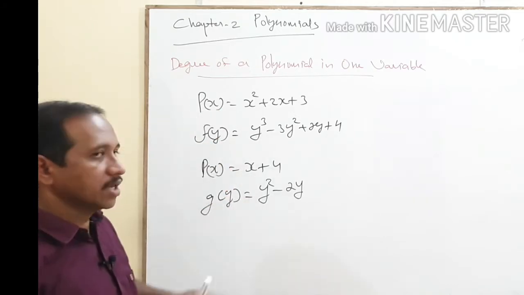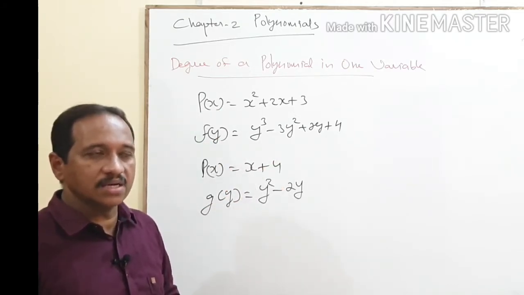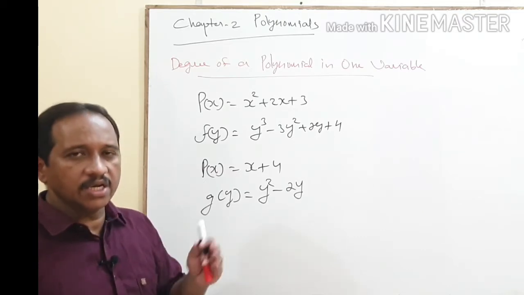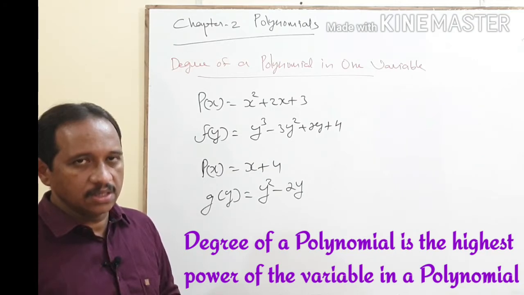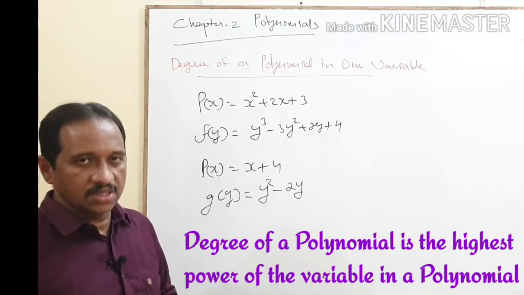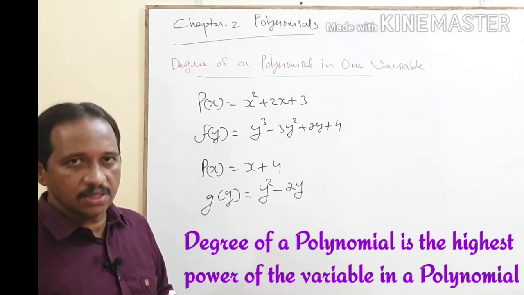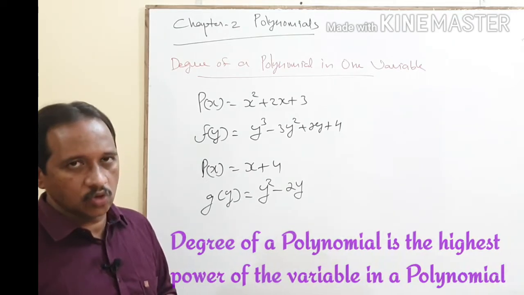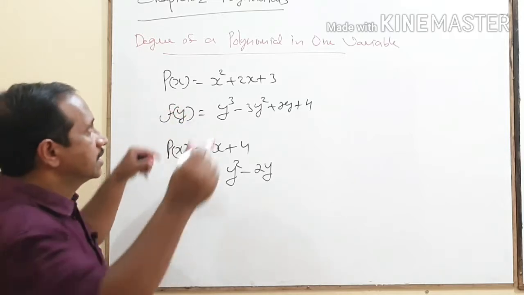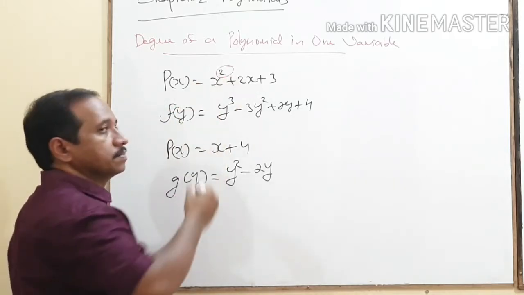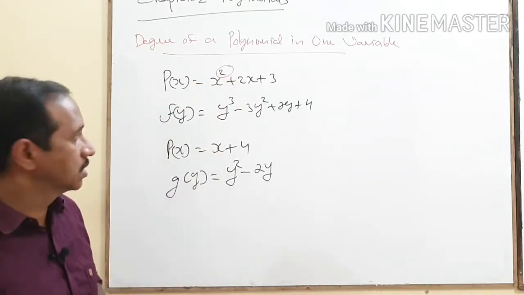Look at the various polynomials. All these are polynomials in one variable. The degree of a polynomial is the highest power of the variable in a polynomial. The highest power of the variable is called the degree of the polynomial. So here the first polynomial has the degree 2 because its highest power is 2.